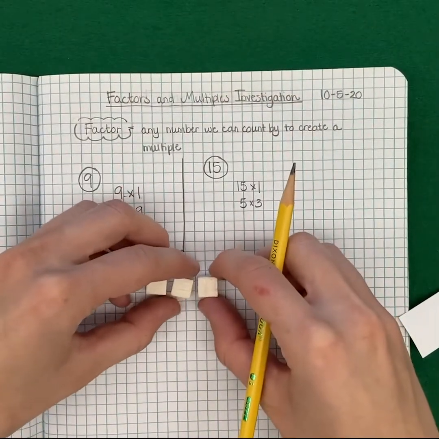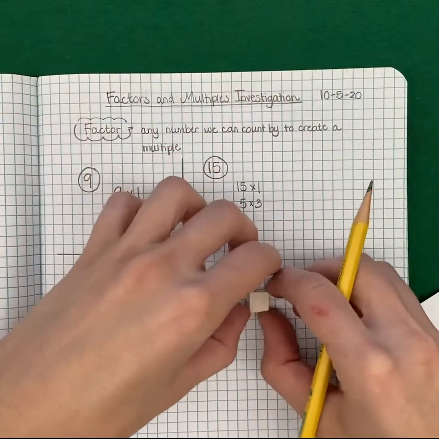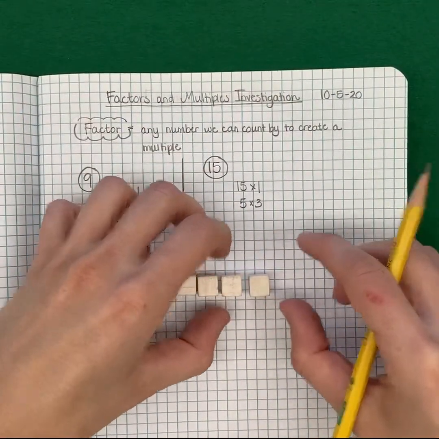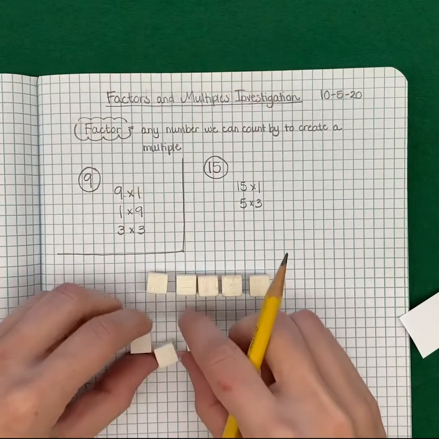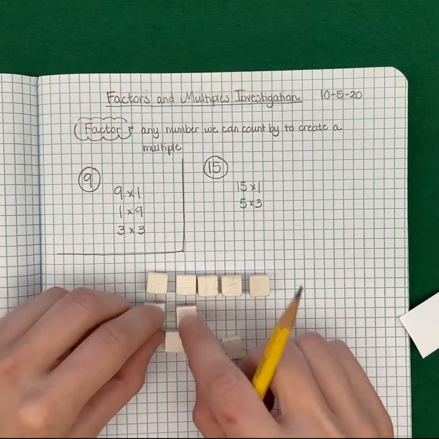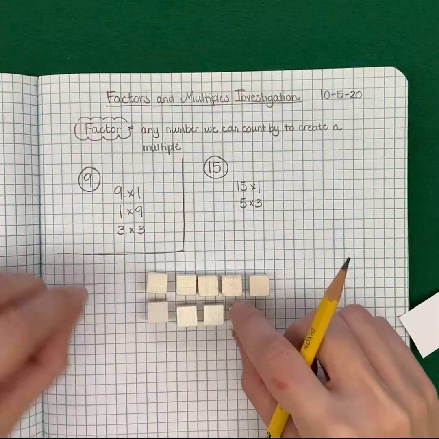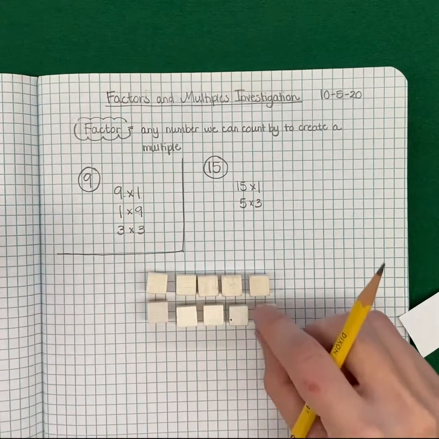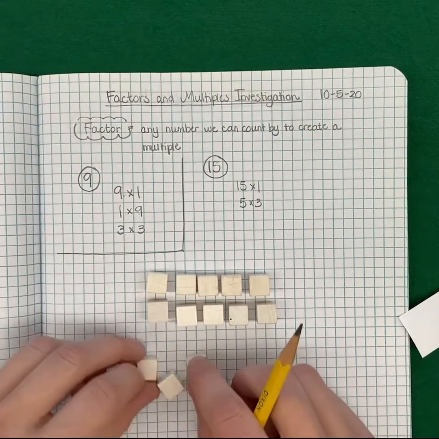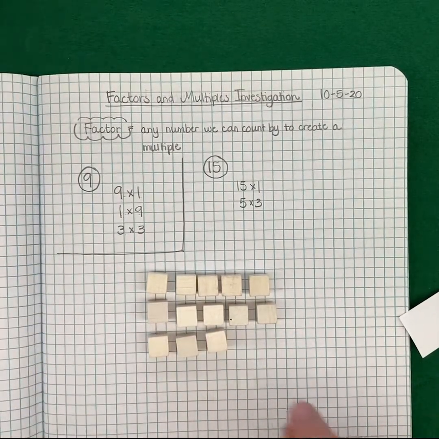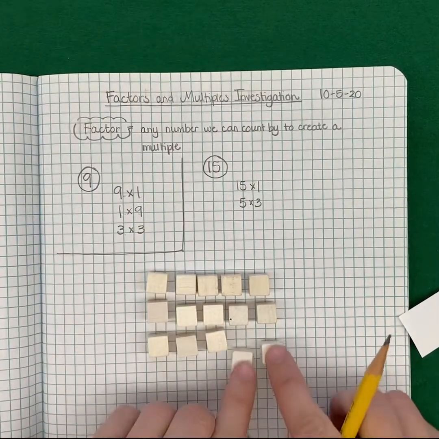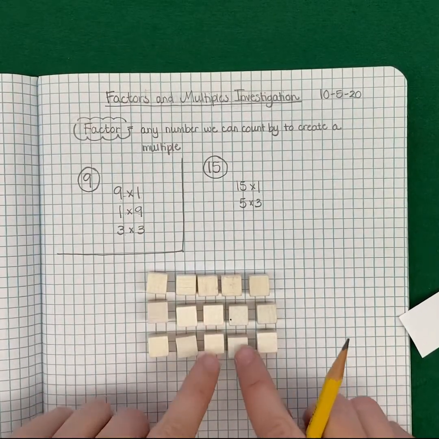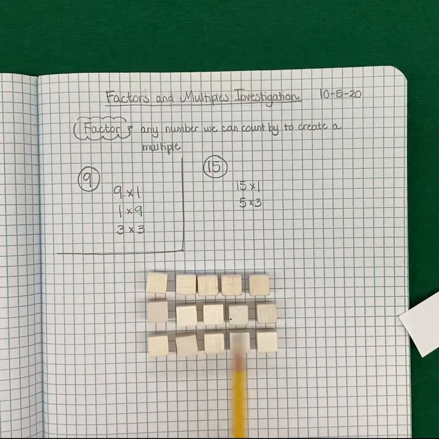Here was our 5. And I hope you can see this. Here was our 15. So here was 5 taken 3 times.